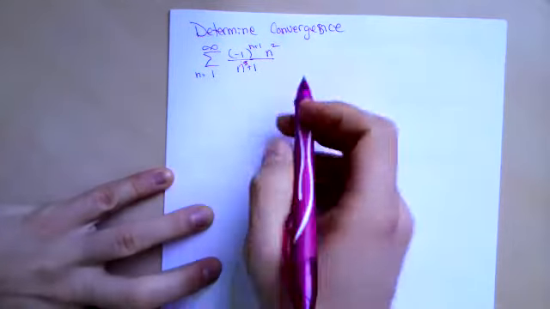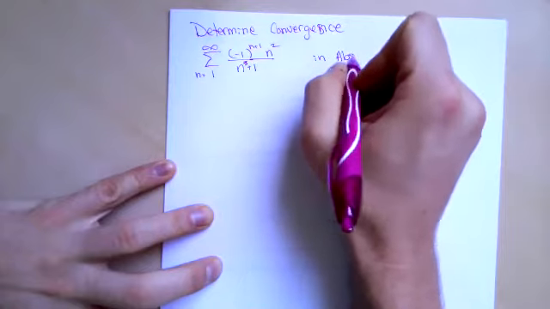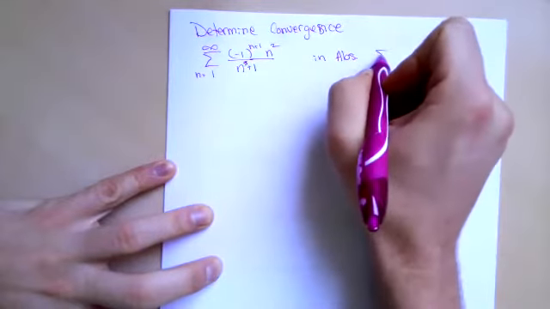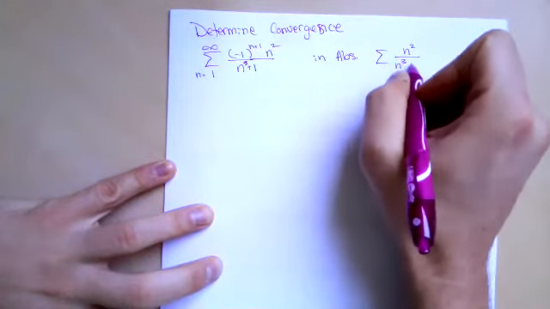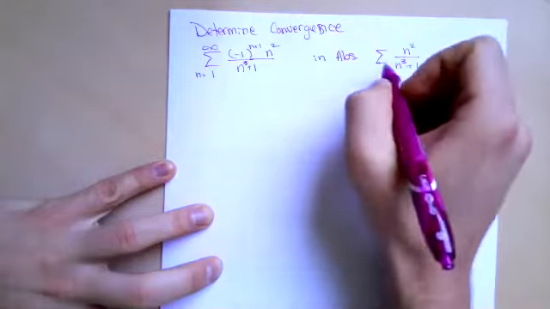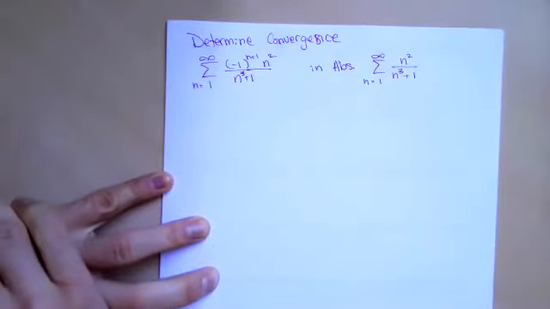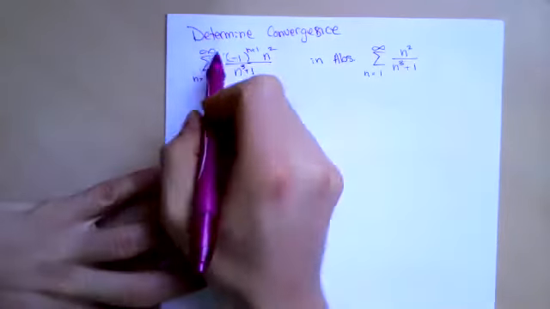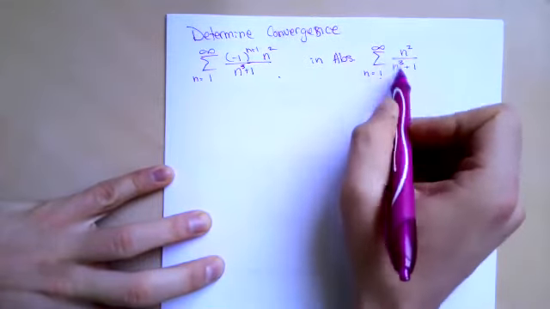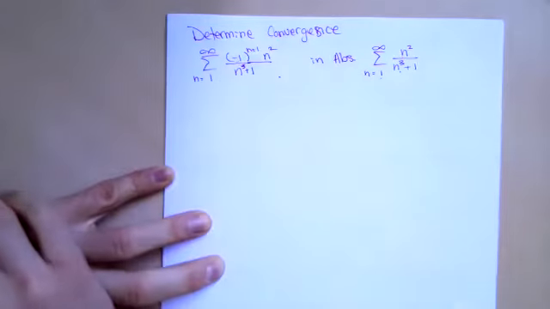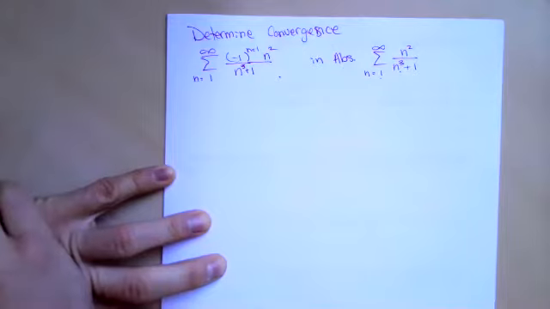So one thing we can note is that in absolute value, we just have n squared over n cubed plus 1. Right, so taking the absolute value of this, my n's are starting at positive, so these are always positive, but it's that minus 1 to the n which is essentially going to be dropped out when we take the absolute value.